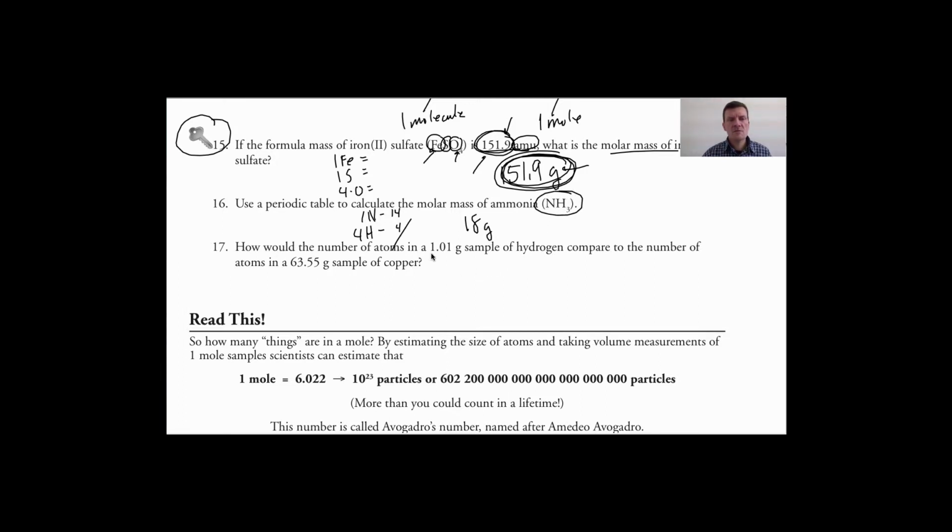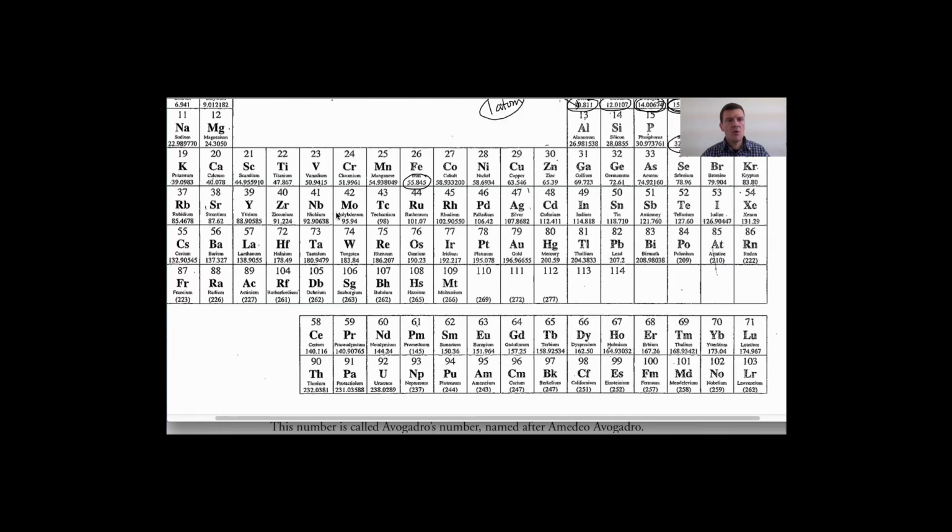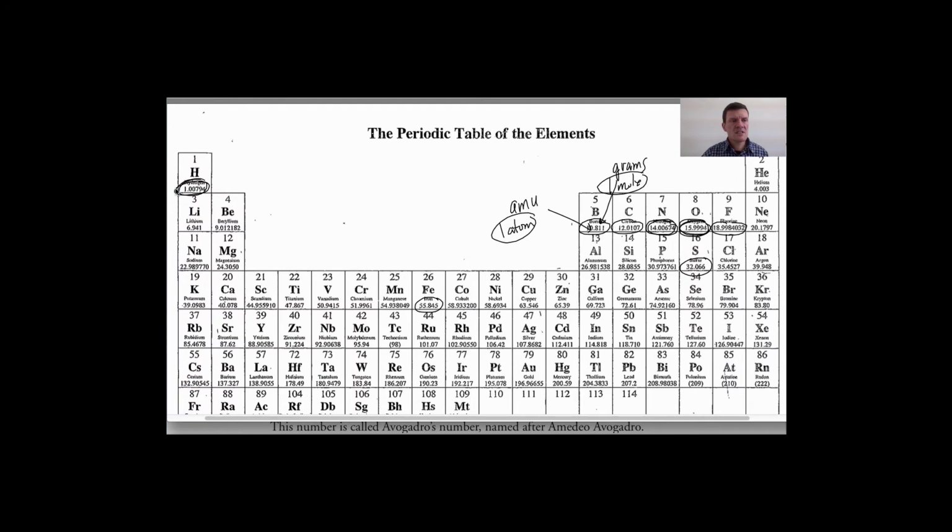How would the number of atoms in a 1.01 gram sample of hydrogen compare to the number of atoms in a 63.55 gram sample of copper? Okay, look right here. Let's find these numbers and see how they relate to our different elements. Hydrogen, copper. 1.01 grams of hydrogen. That is the molar mass of hydrogen, because here's the atomic mass.